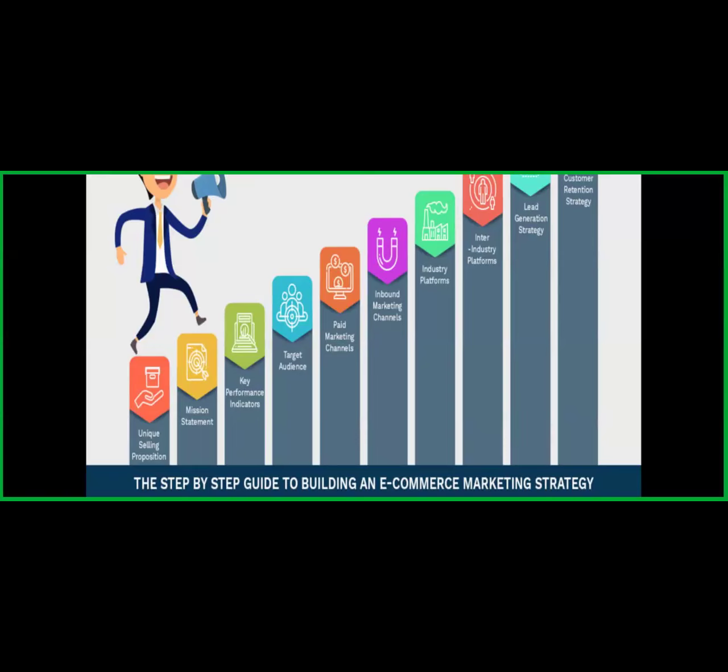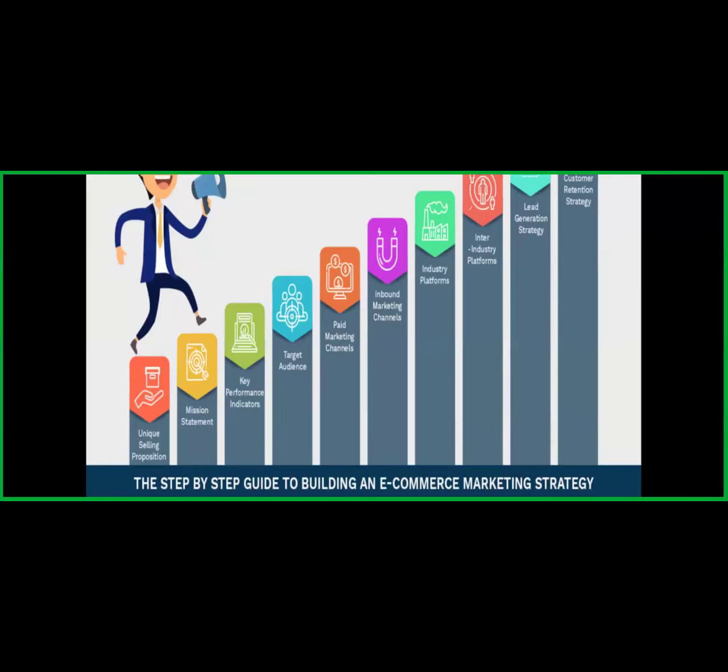This shoe is available on this particular platform. So everything is controlled by AI. So there, the company has to again finalize which paid marketing channels will be used by the company. Next one is inbound marketing channels.